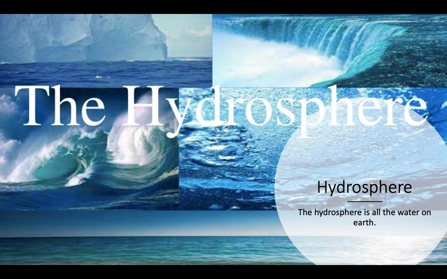Okay, so the oceans, lakes, rivers, that is all part of the hydrosphere. I really love this word because hydro or hydrate means water, right? You're hydrating yourself. If someone says, oh, I need to hydrate, that means they need to drink water, right? They need to drink liquids. So this is a great way to remember it. Hydrosphere, water.